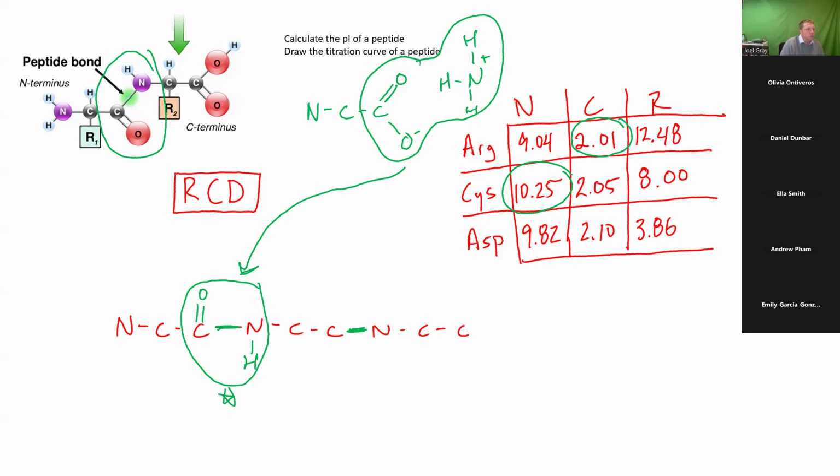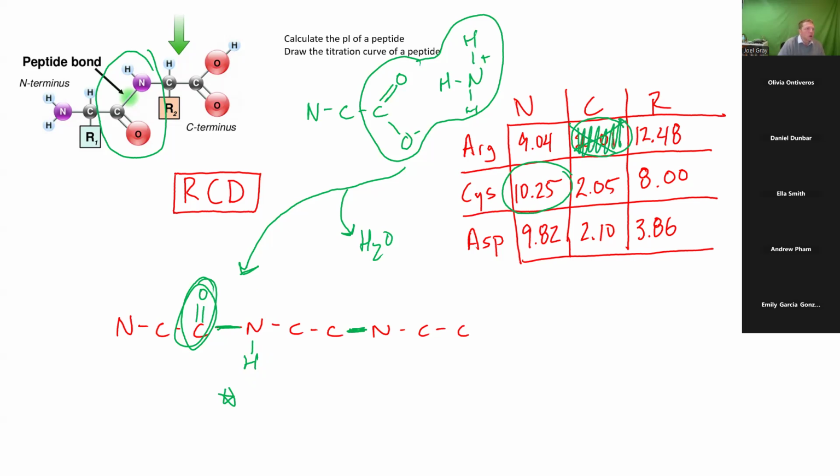Now, when those two things come together, one of the things that comes off of that is H2O. This is a condensation reaction. Now, when that condensation reaction takes place and we get this peptide bond that results, what that means is that the C termini, which I'm circling right now, is no longer an independent carboxyl group. It's not an ionizable group. So that's why we get rid of the 2.01.